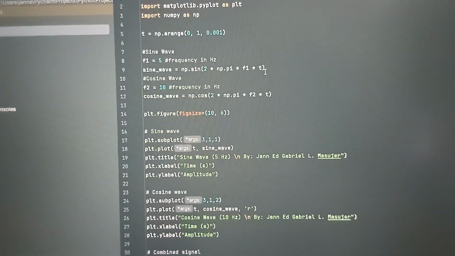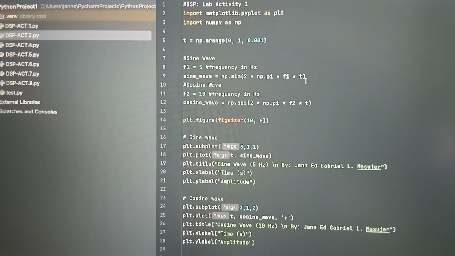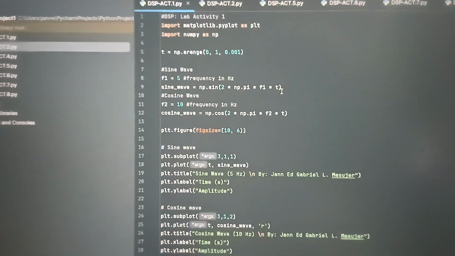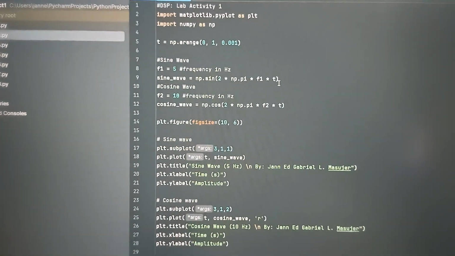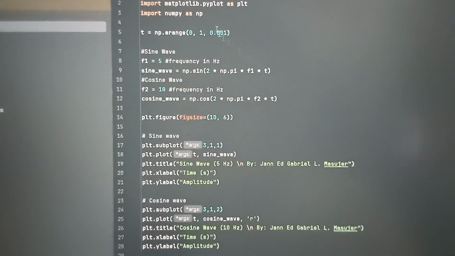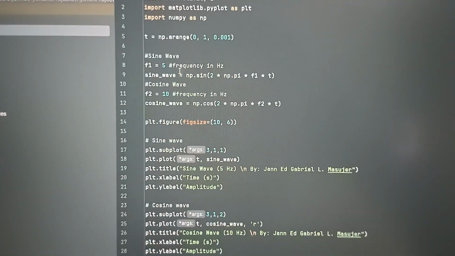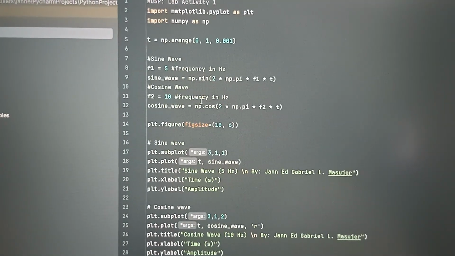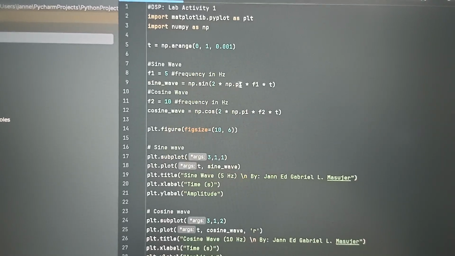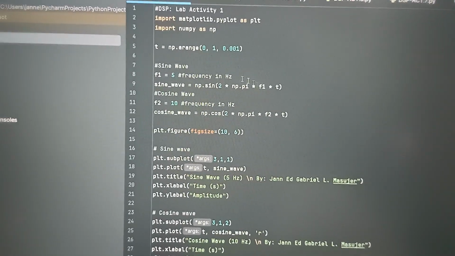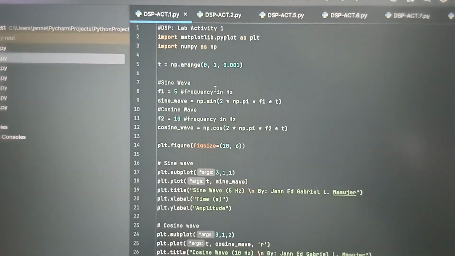In this part, it is the equation which is equivalent to x(t) equals sin of 2 pi f t. f1 is equal to 5, where 5 is the frequency. So we have 5 hertz, and f2 is 10 hertz. If we plug it in, it would be 2 times pi, which is 3.14, times 5 hertz times the time. This is the time itself.